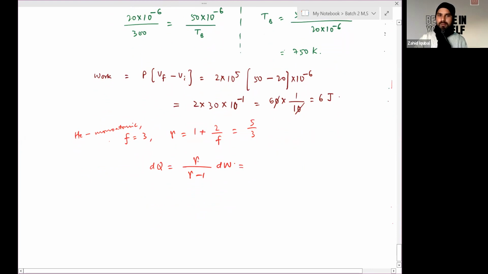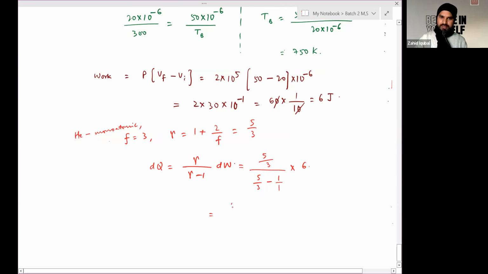Just see, we have gamma equals to 5 by 3. Divide by 5 by 3 minus 1 multiplied by work done 6. So in denominator of this 1, there will be nothing but 1. So take LCM to be 3. So 5 minus 3 divided by 3, that will be 2 by 3.